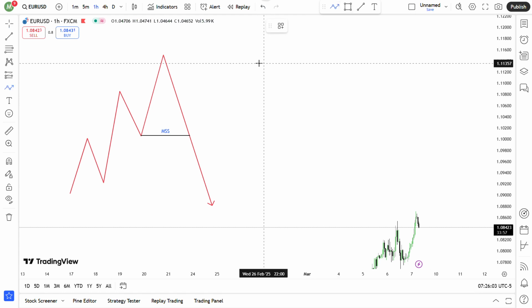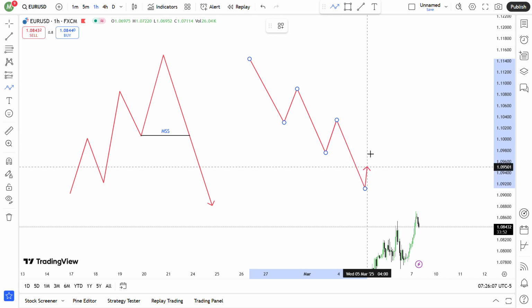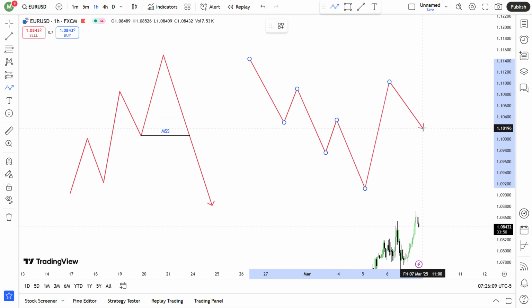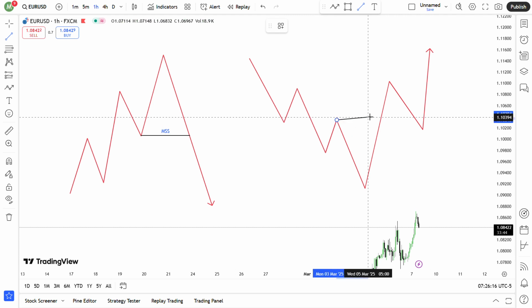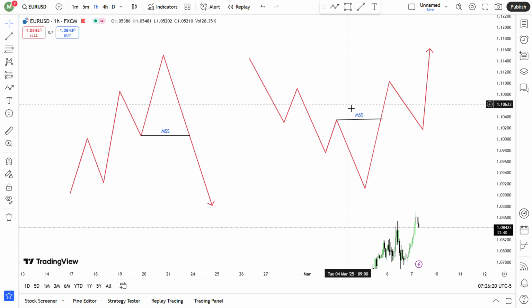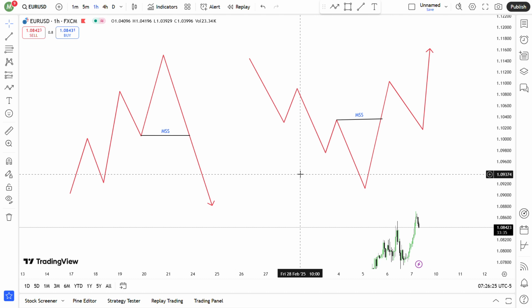I think you may understand. In a downtrend, when the market is going down and breaks out this high, that is known as market structure shift. When the market breaks out this high, it is known as market structure shift. Why are we using market structure shift?